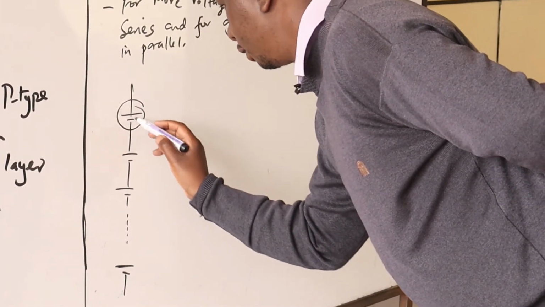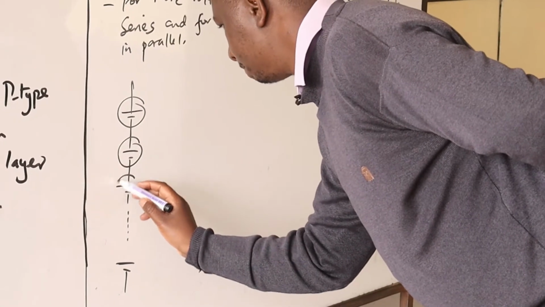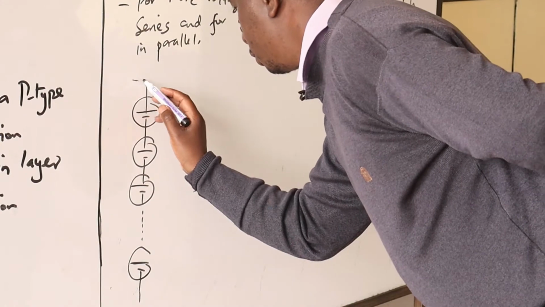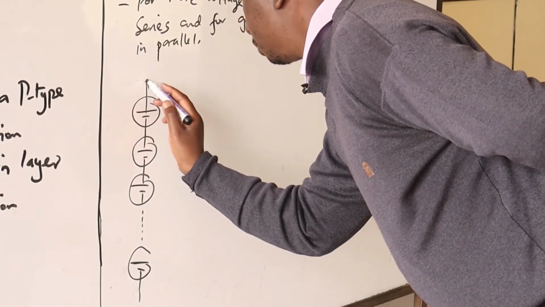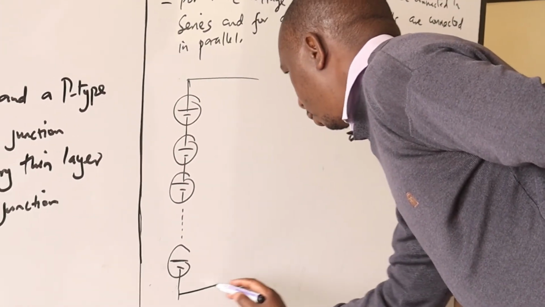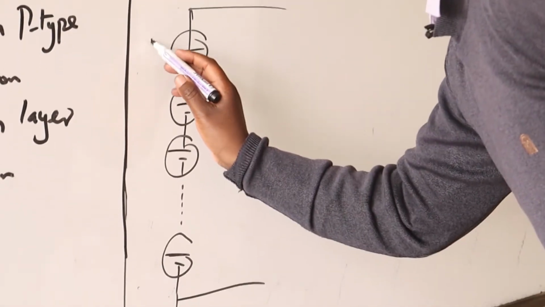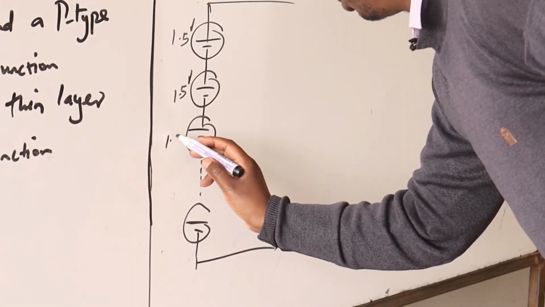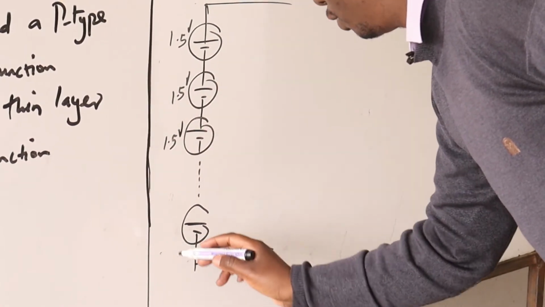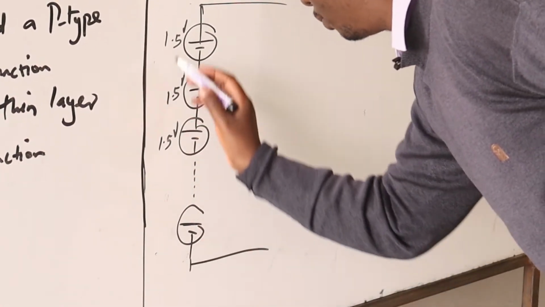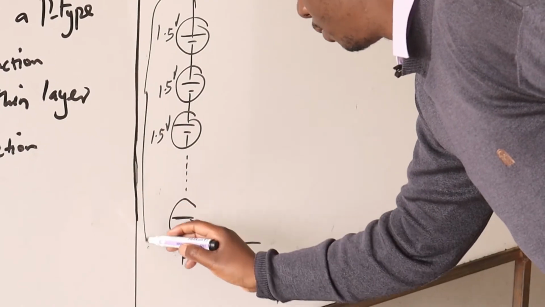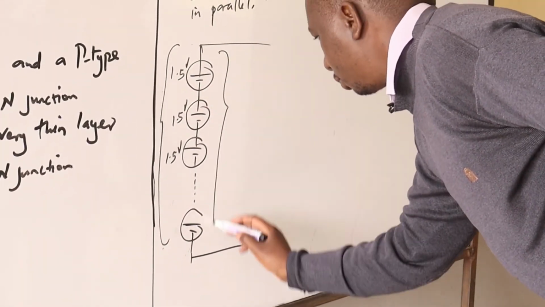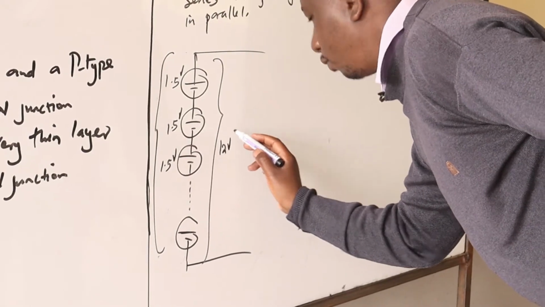These are the individual cells that we have. These cells will be 1.5 volts, 1.5 volts, 1.5 volts, all the way, so that by the end of this process, we shall have what I refer to as 12 volts.